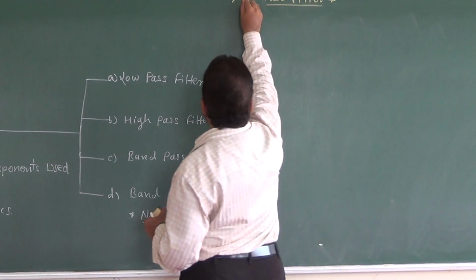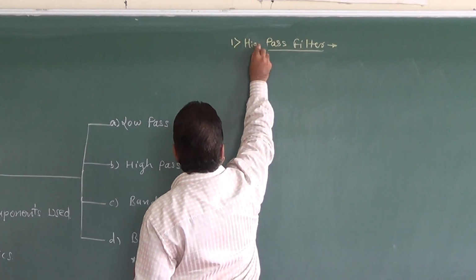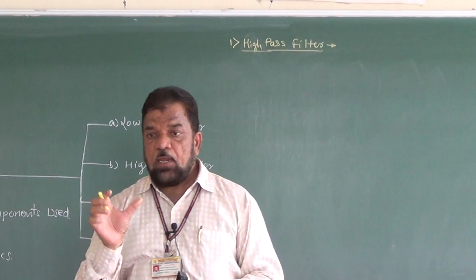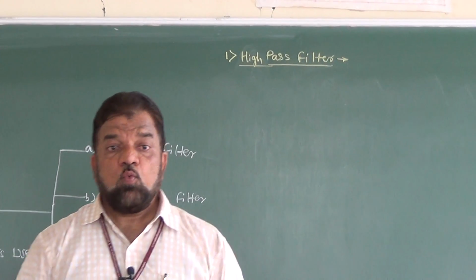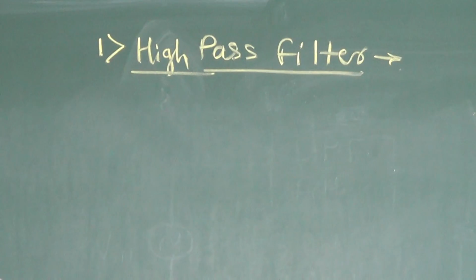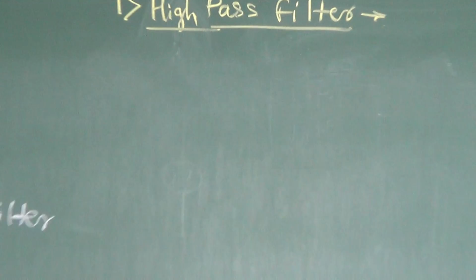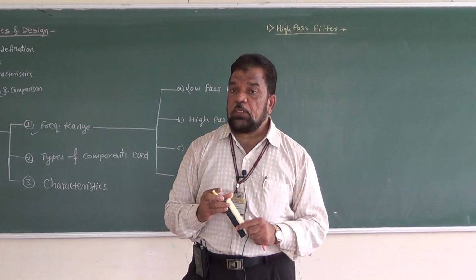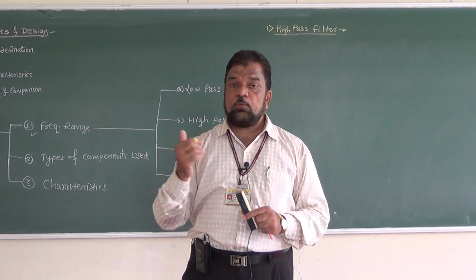Okay. Now the circuit is high pass. So how to define this one? A filter circuit which transmits frequencies above some critical frequency. Above some critical frequency, there should be a transmission.